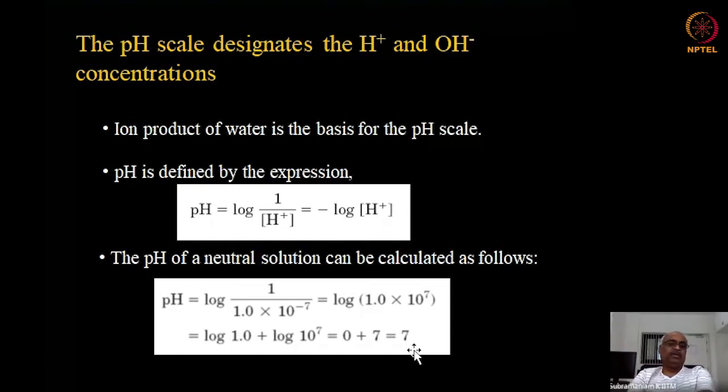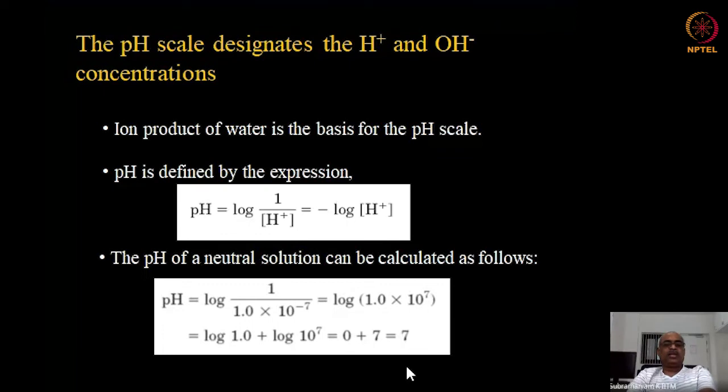So essentially, based on this equation, pH directly refers to the concentration of the hydrogen ions in a solution. It's a measure of hydrogen ion concentration. And a change of 1, like 7 to 6 or 7 to 8, means a 10-fold change because you are taking log to the base 10 here.